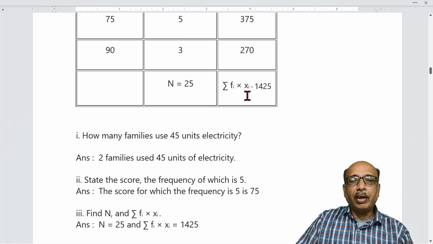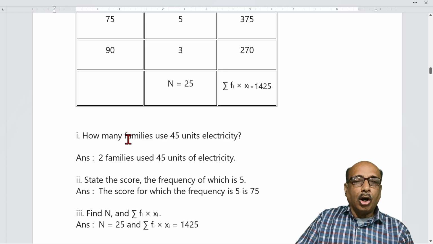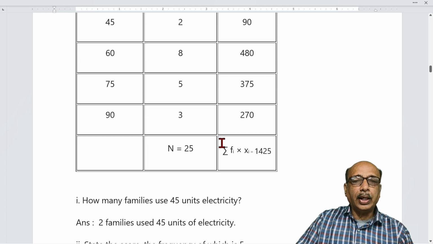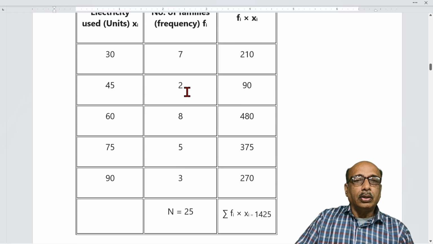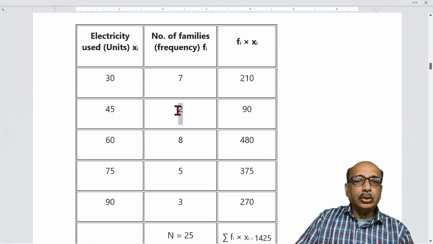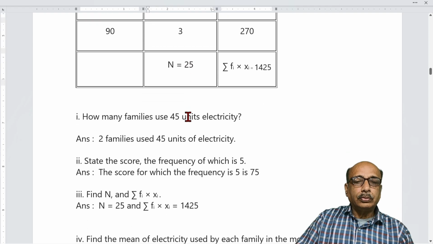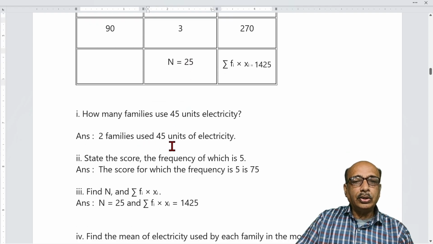Sum of fi into xi equals 1425. How many families use 45 units of electricity? How many families use? 2. So 2 families used 45 units of electricity.